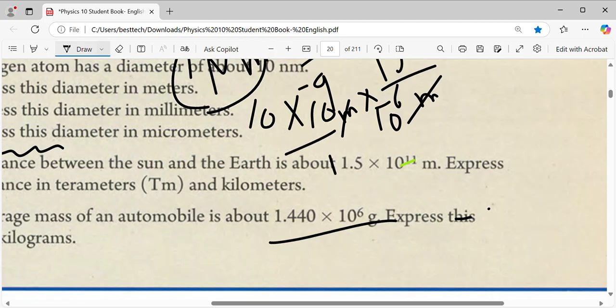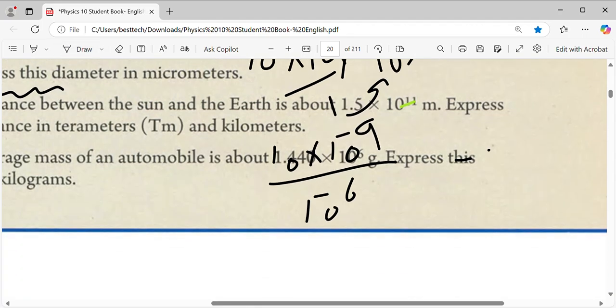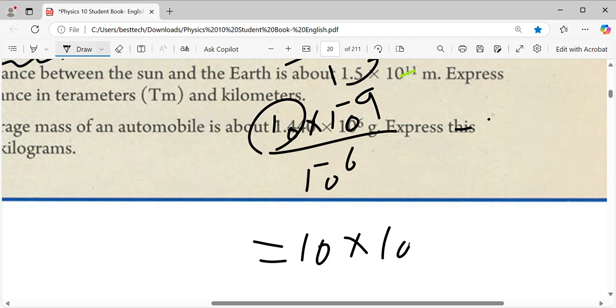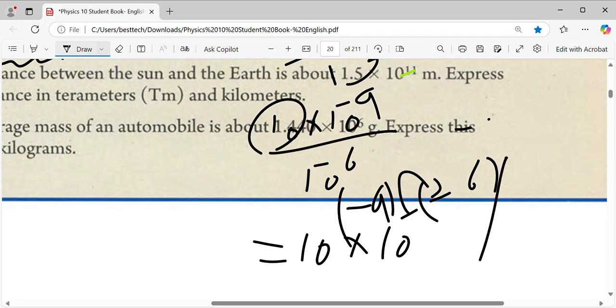Down it's 1 again, so 1 times 10 power negative 6 is still 10 power negative 6. This number times 1 is still the same number, 10 times 10 power negative 9. Same like the other one, write the 10 times, again they are the same base, one time the 10, and negative 9 with negative 6. Between them you have to subtract, so negative with negative is going to be positive.